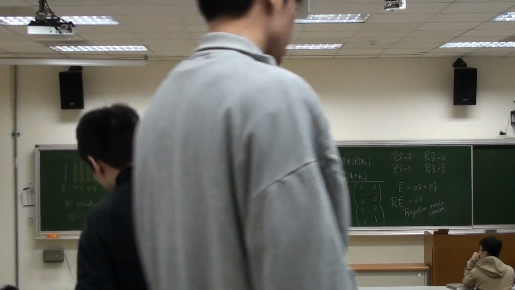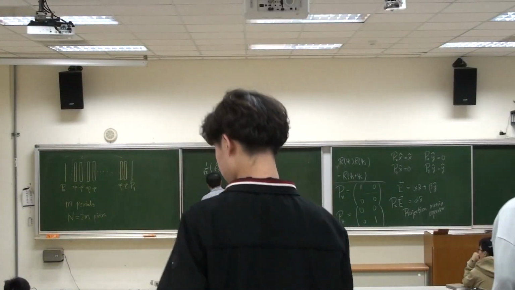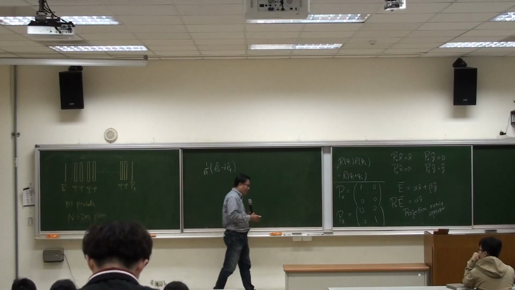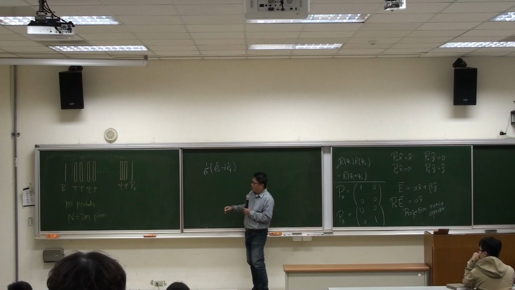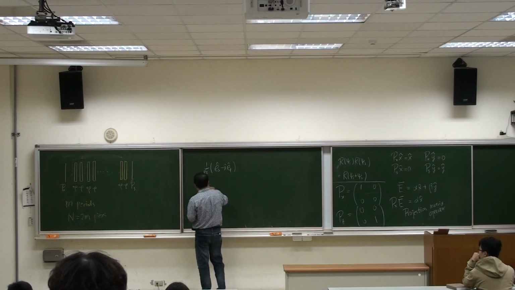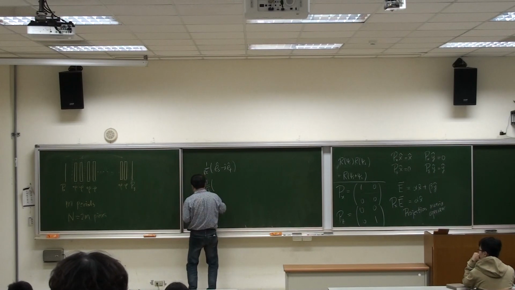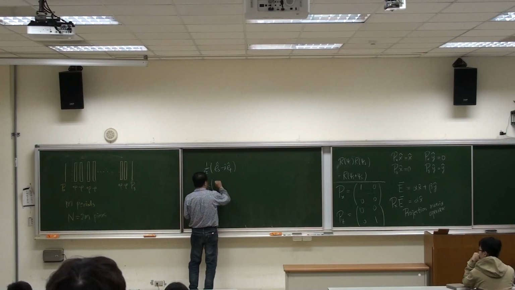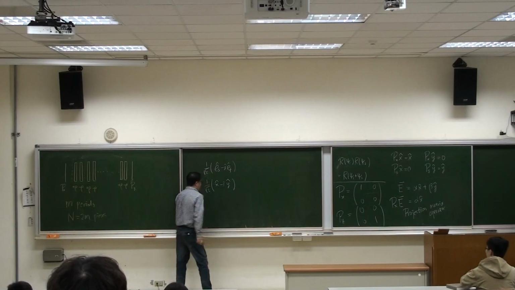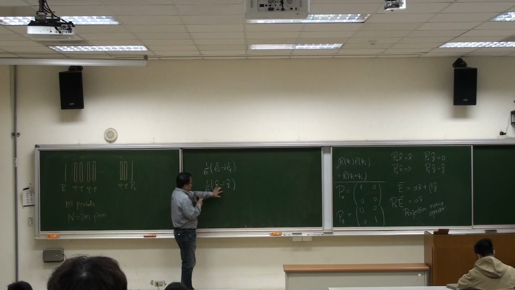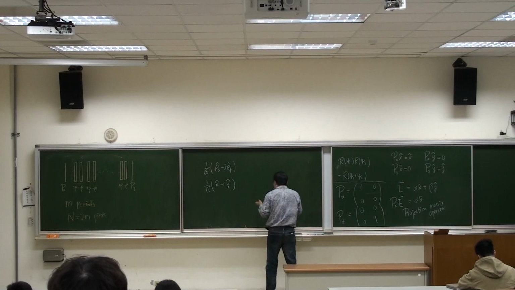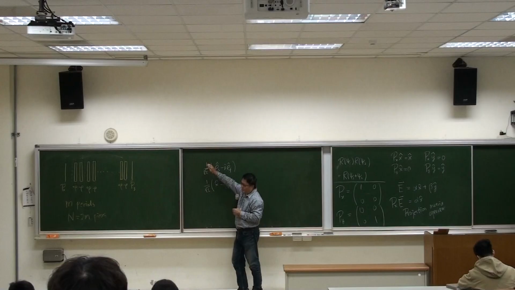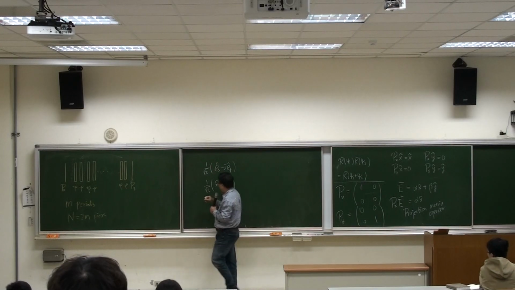So I now show you that for circularly polarized light, you can write it as this. Right-hand circularly polarized light can be written as this or this. The only difference is the prefactor, the phase factor, okay?